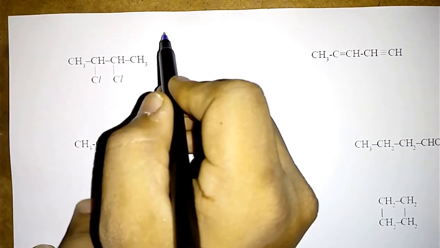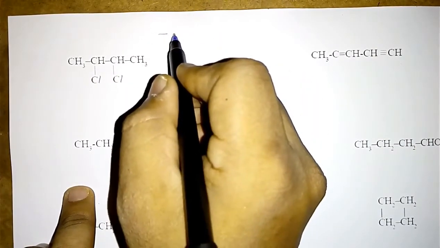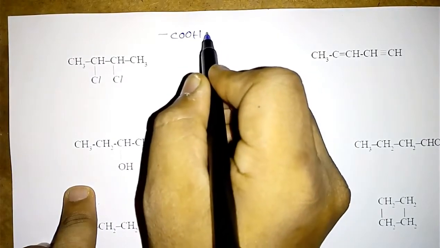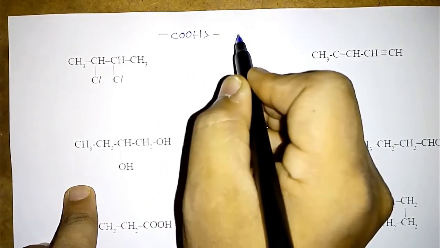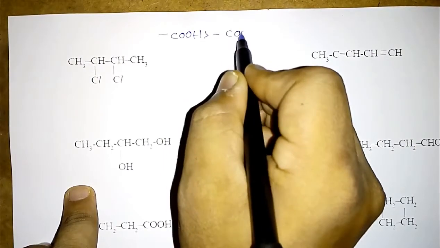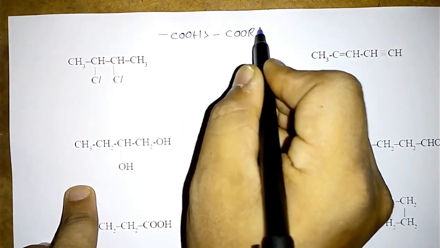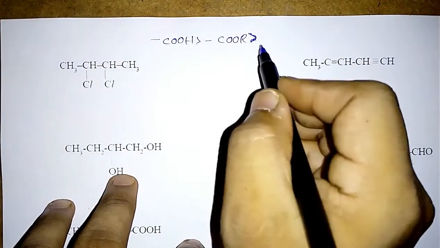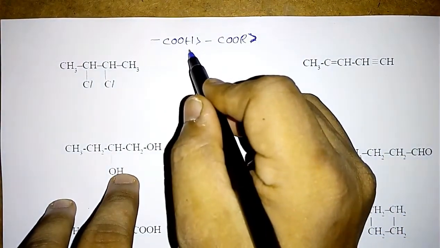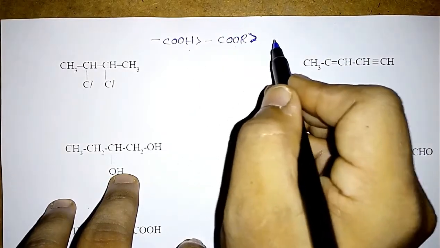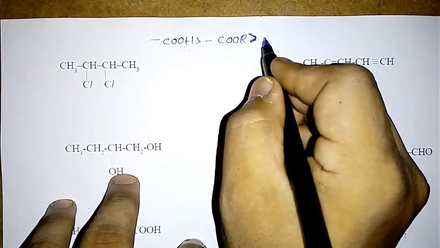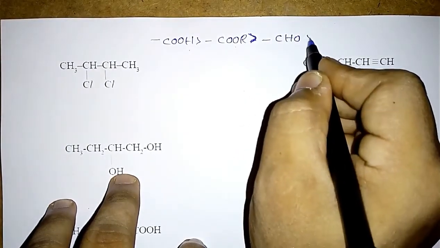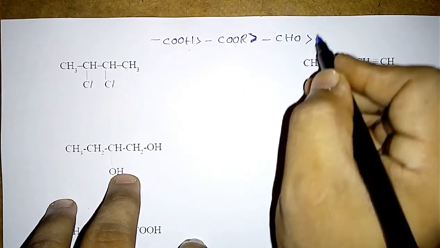First you have to give importance to carboxylic acid, that is our COOH functional group. After that you have to give importance to our ester, COOR. Then comes our aldehyde, that is CHO. After aldehyde you have to give importance to our ketone.